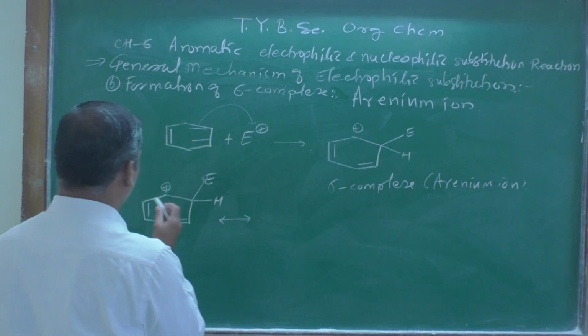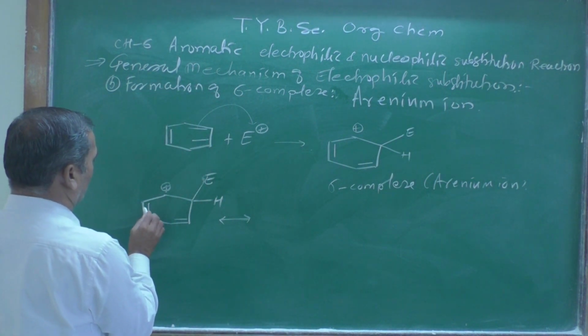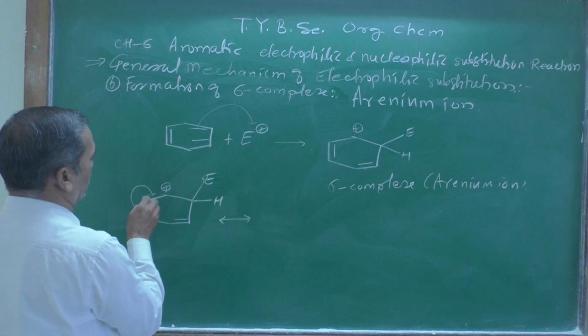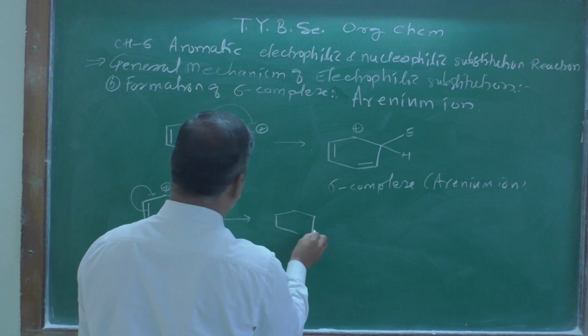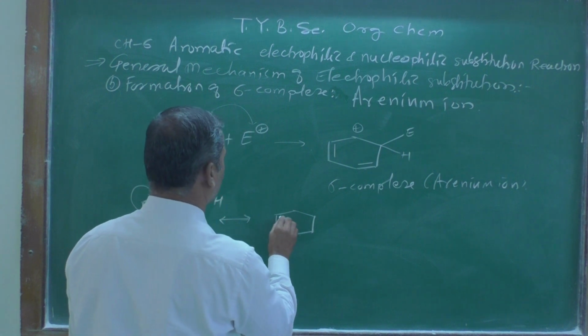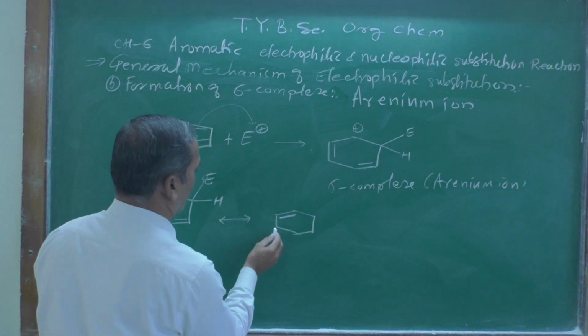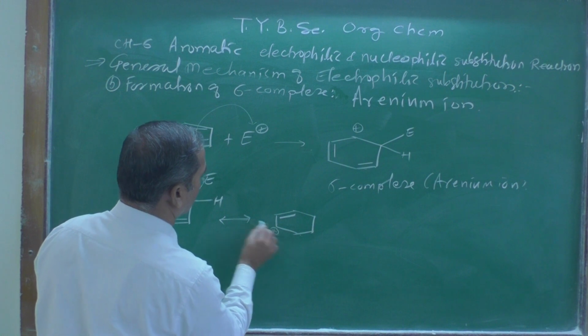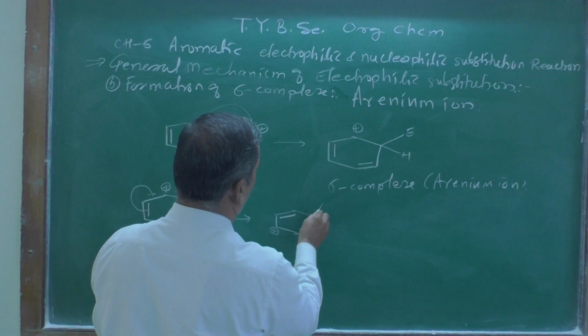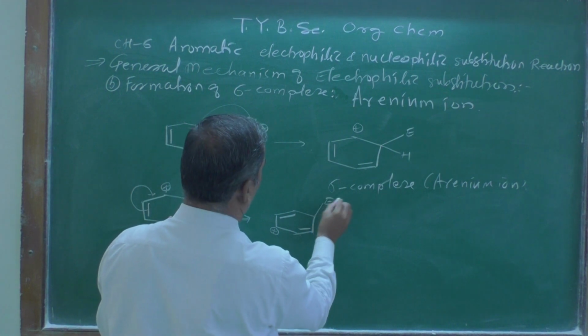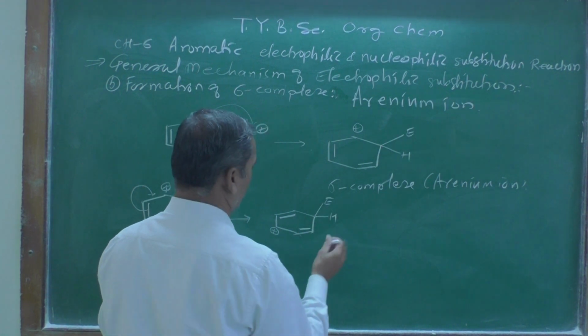Now this double bond is shifted from here to here, neutralizing that positive charge, so over here this double bond has shifted and the positive charge comes on that carbon atom. This double bond remains as it is. Here is the electrophile, and these hydrogen atoms are there.